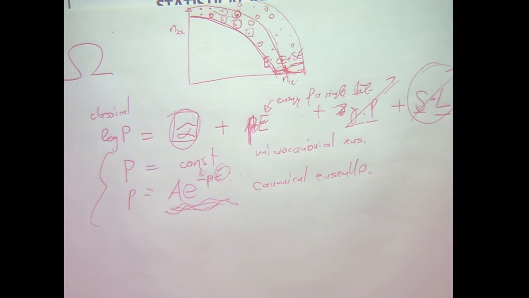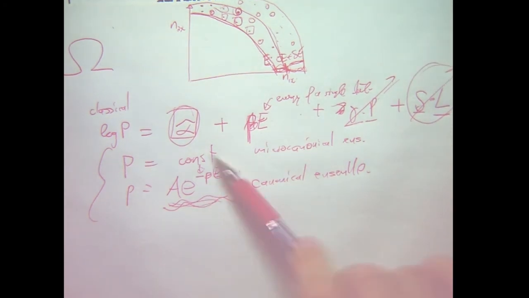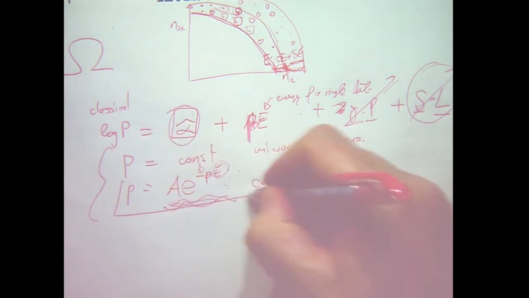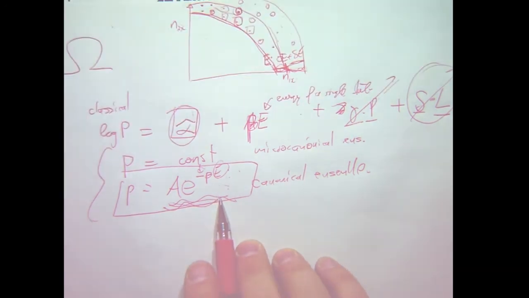There are various arguments for that. In fact, that's one of the controversies at the moment. How do you actually do that? All right. But this is the most fundamental derivation of these two forms. And what we're going to do today is to derive this at a more concrete level by considering a system in contact with a heat reservoir.